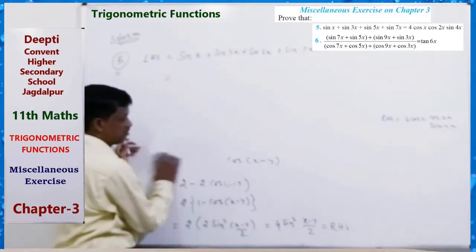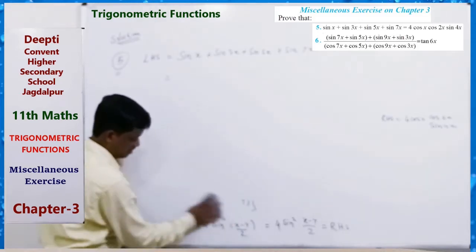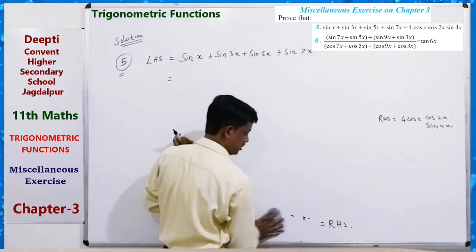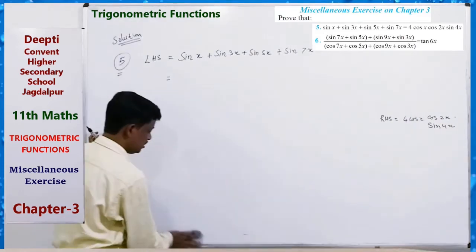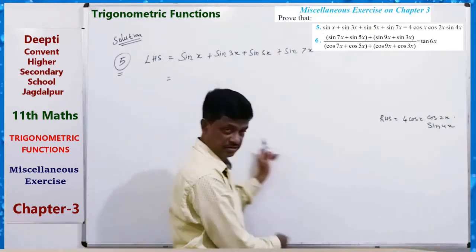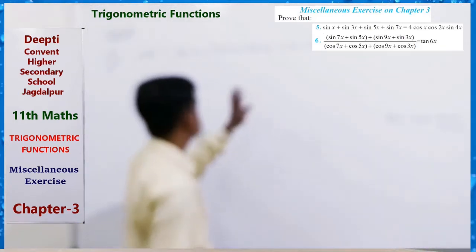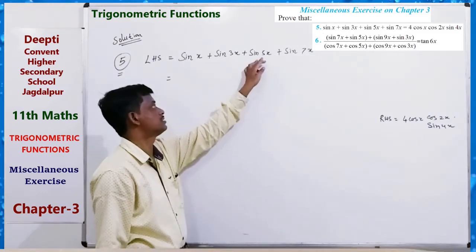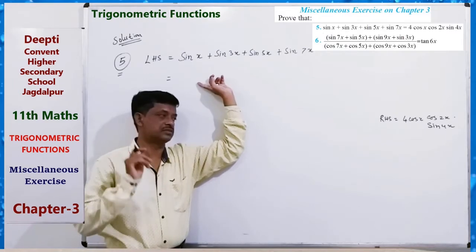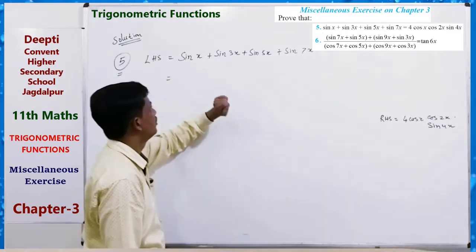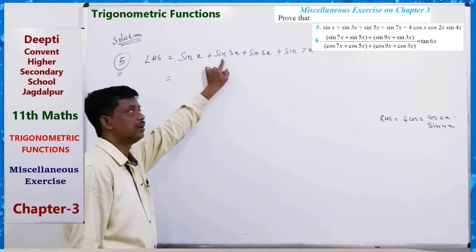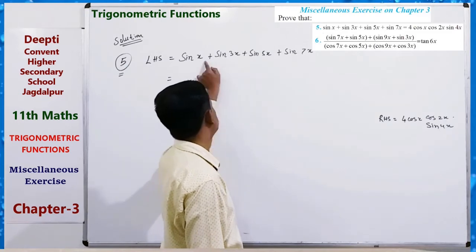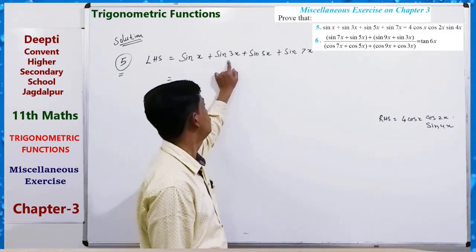So we know the sin c plus sin d formula, which gives the value in multiplication. Here 4 terms are there, so we can make 2 pairs. Just see x, 3x, 5x, 7x.